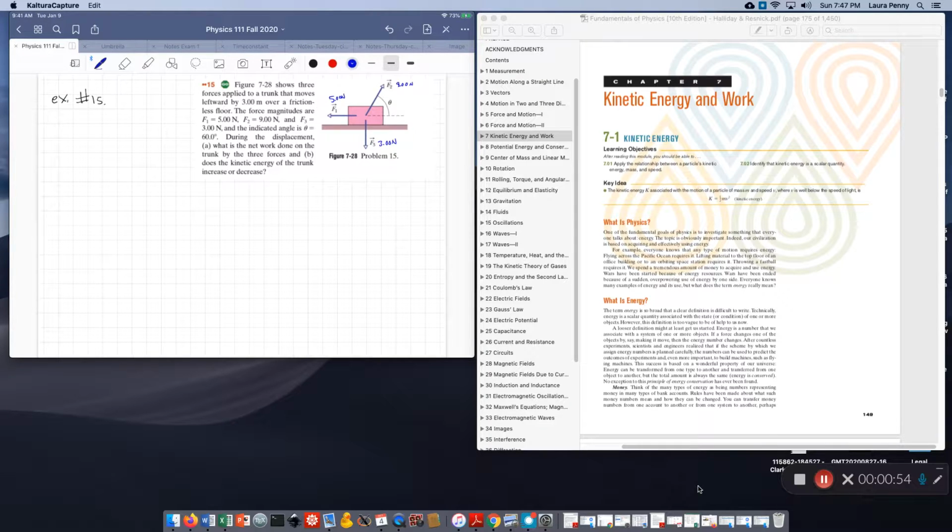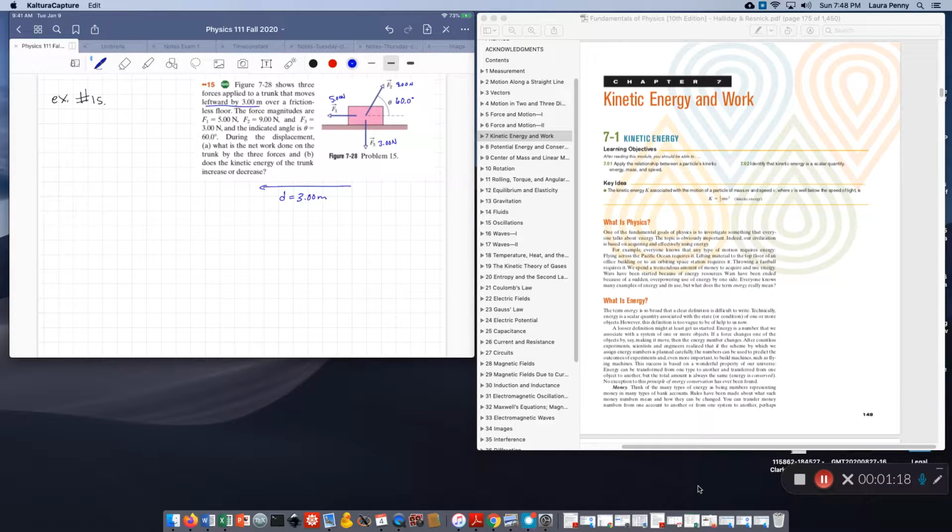And they tell us that this angle here is 60 degrees. It also tells us that this object moves leftward by 3 meters. That means it's moving this way, right? This is the displacement, 3 meters in this direction.